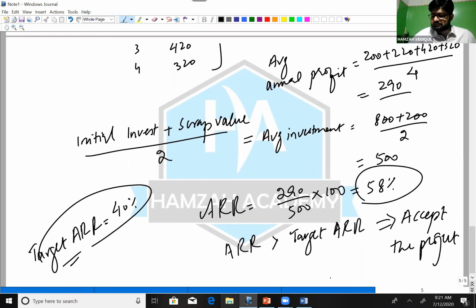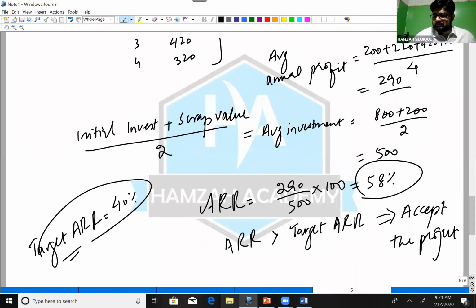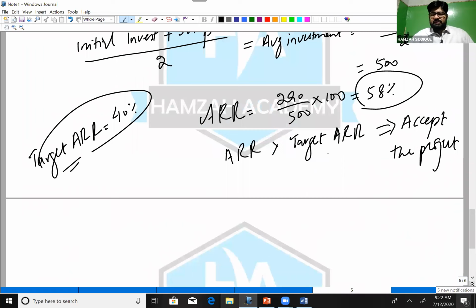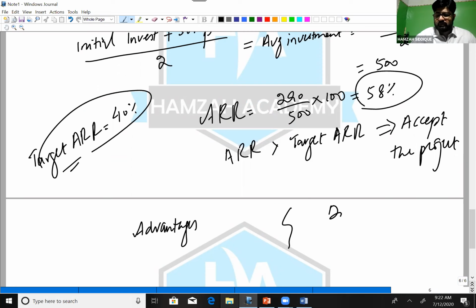Now, students, this ARR technique has some advantages and disadvantages as well. We must know that.